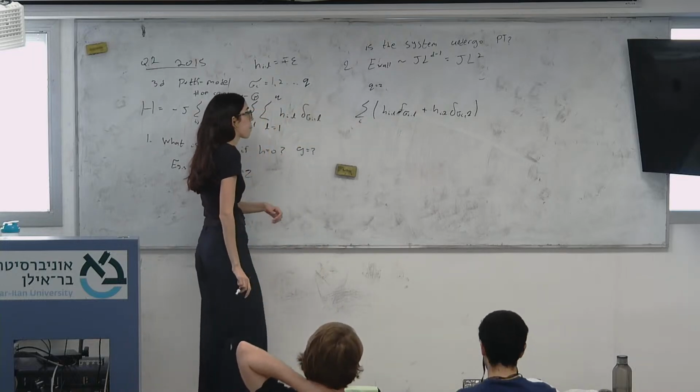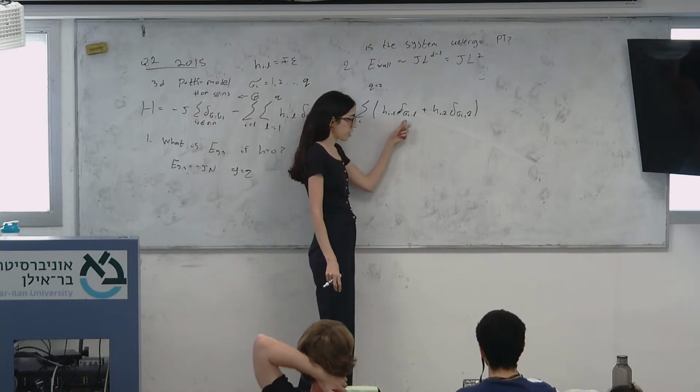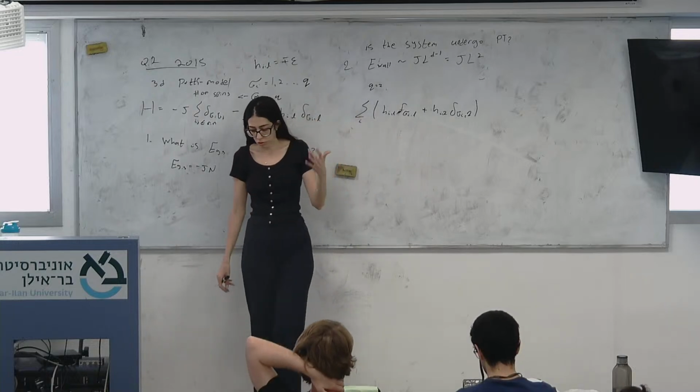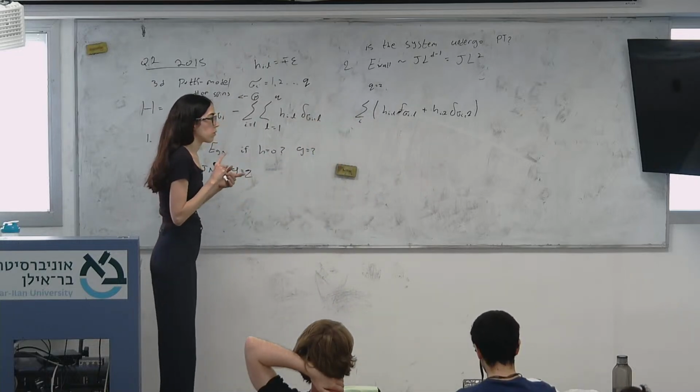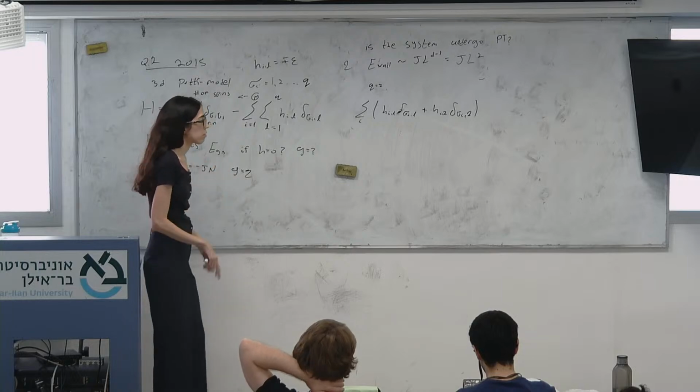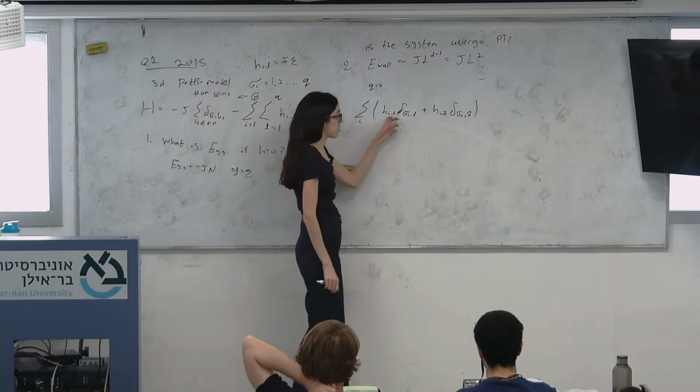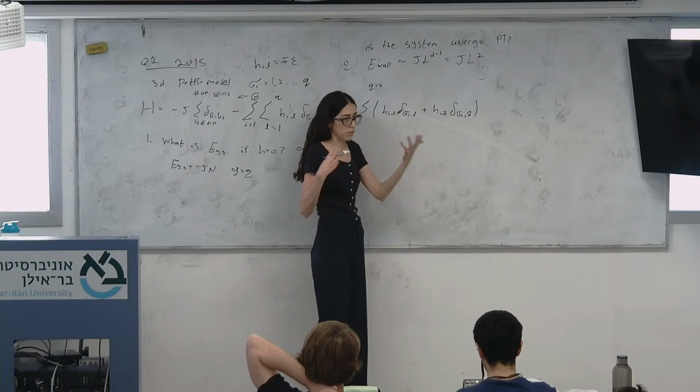So for each option of sigma I, the delta function is going to be either 0 or 1.